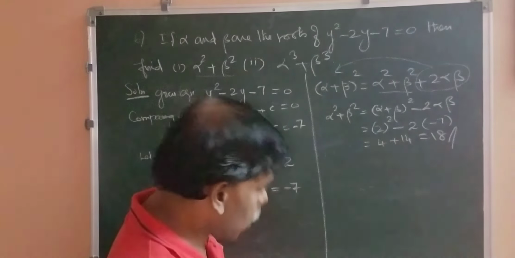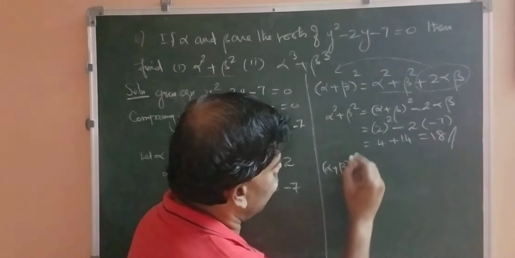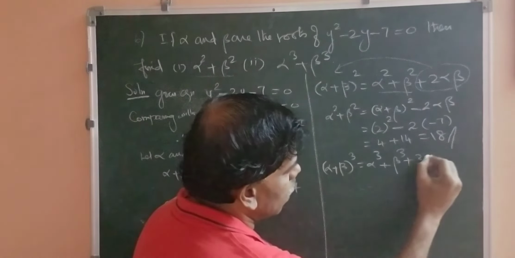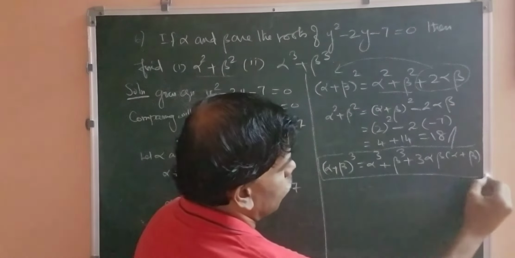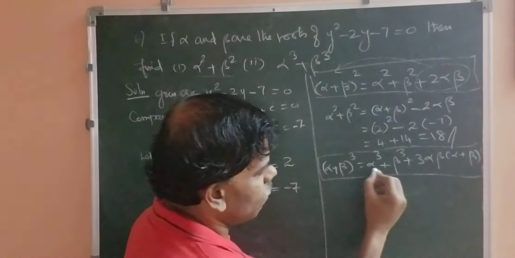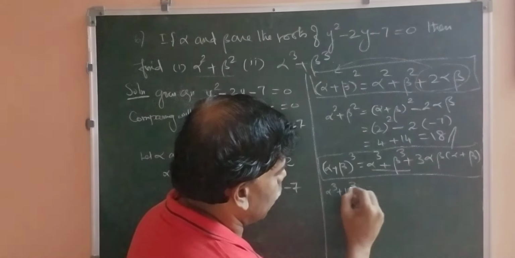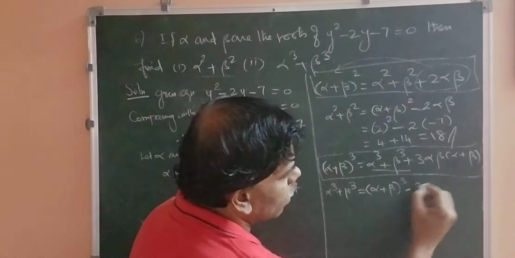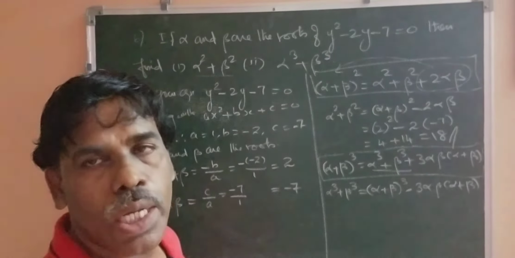Now alpha cube plus beta cube. Alpha plus beta the whole cube equal to alpha cube plus beta cube plus 3 alpha beta into alpha plus beta. Here also we want this, so this will come here. So alpha cube plus beta cube equal to alpha plus beta the whole cube minus 3 alpha beta into alpha plus beta. You have to be very careful while solving the sums.